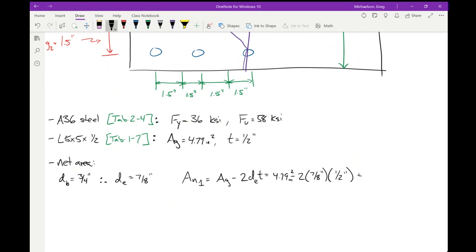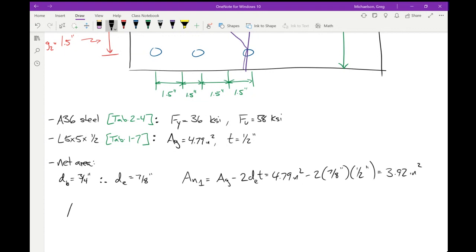And so what do we got for our first net area? Okay, that's right. All right, so that is 3.92.